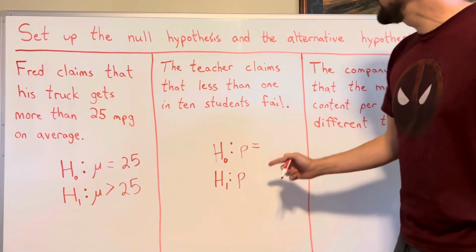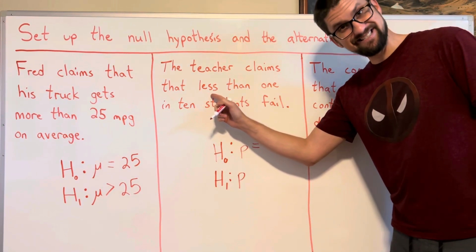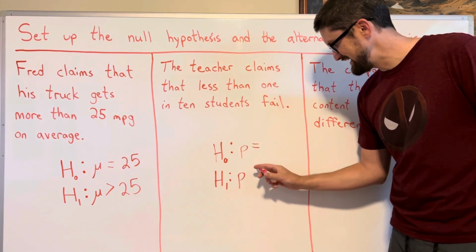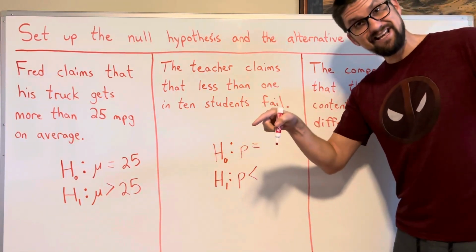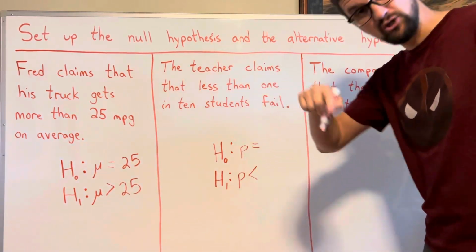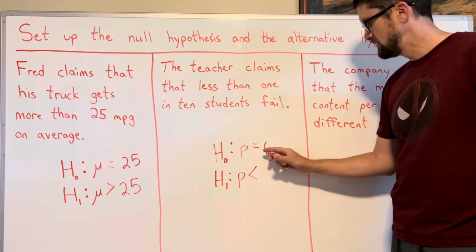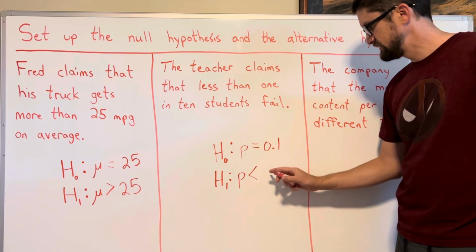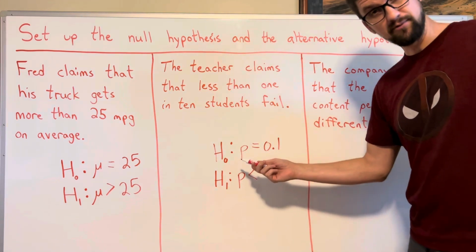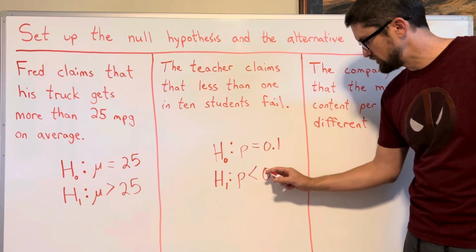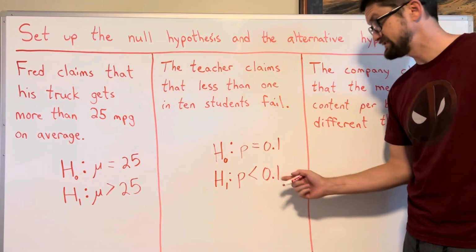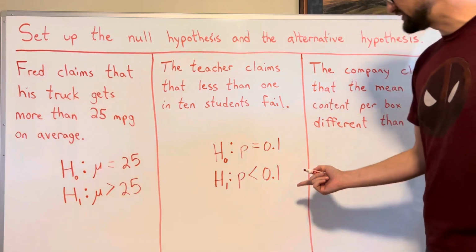And the alternative, this time it says less than. So that's going to be a less than sign. 1 in 10, 1/10, that's 0.1. So the null hypothesis is going to be that the population proportion is equal to 0.1, and the alternative hypothesis is going to be that it's less than 0.1.